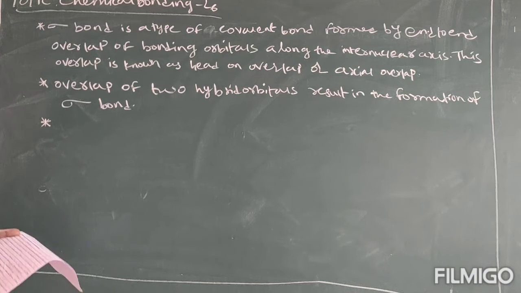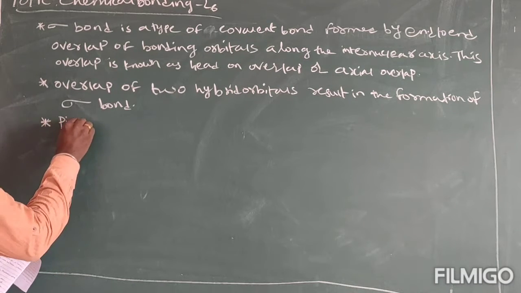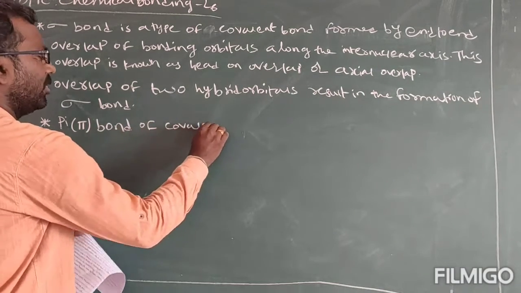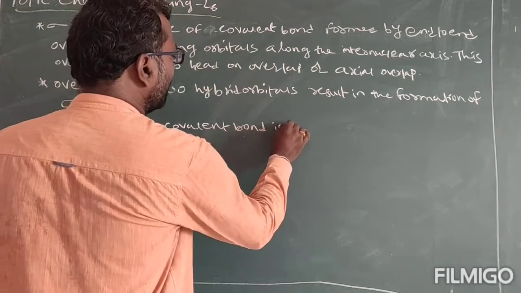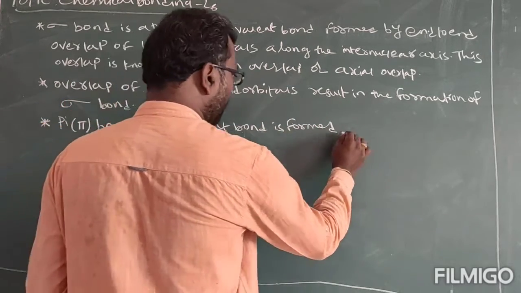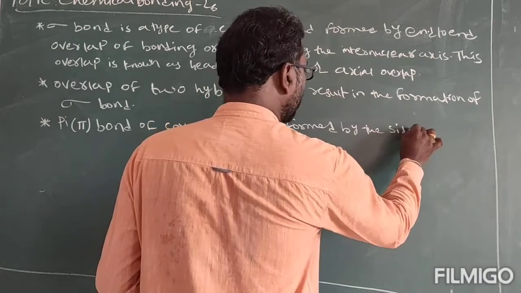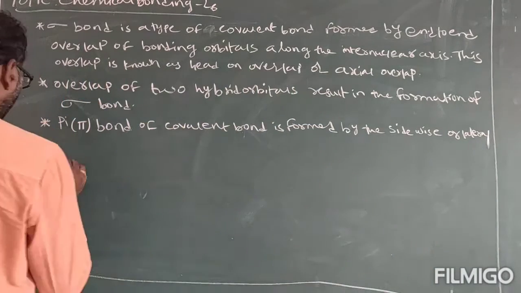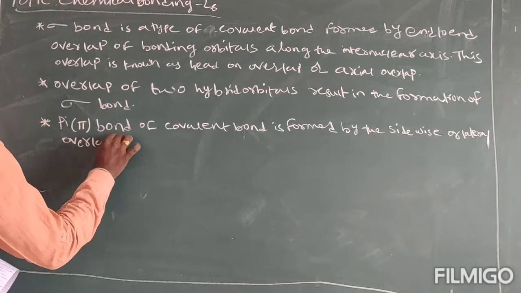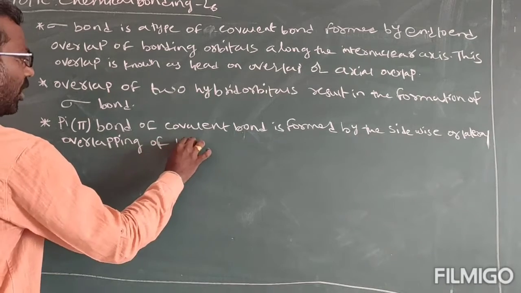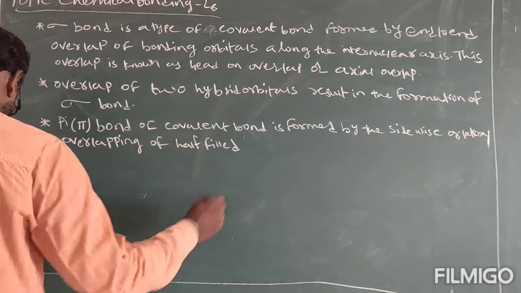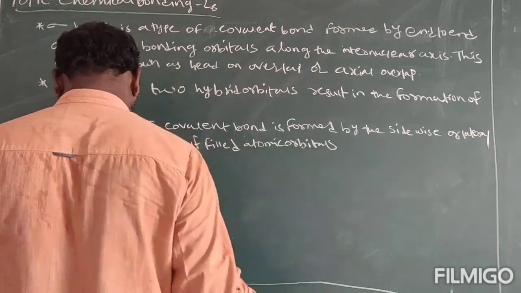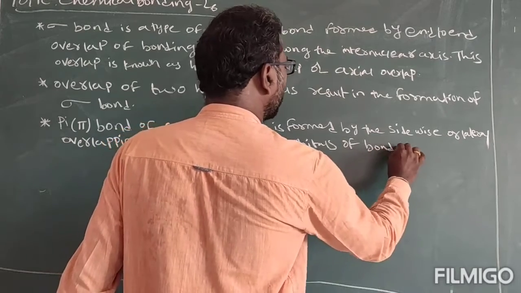Okay, a pi bond is a type of covalent bond formed by the sidewise or lateral overlapping of half-filled atomic orbitals of the bonding atoms.